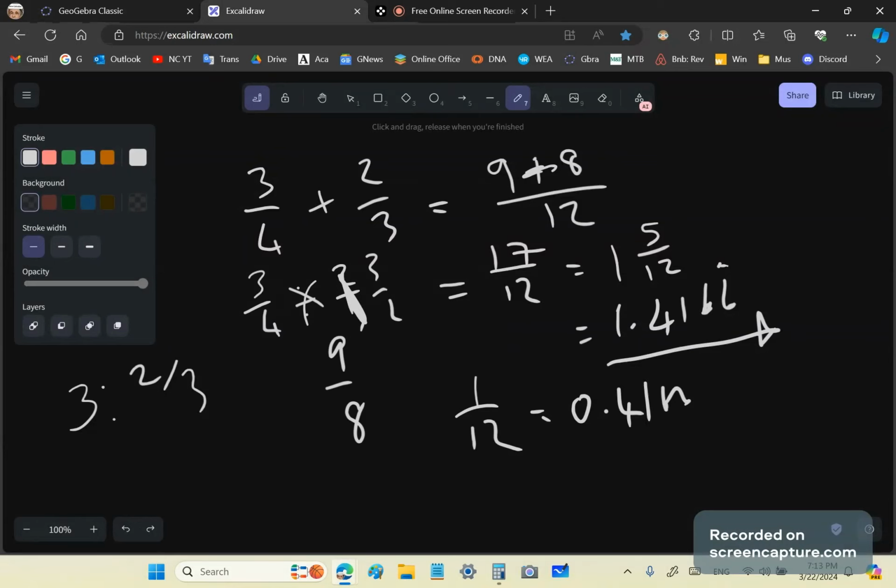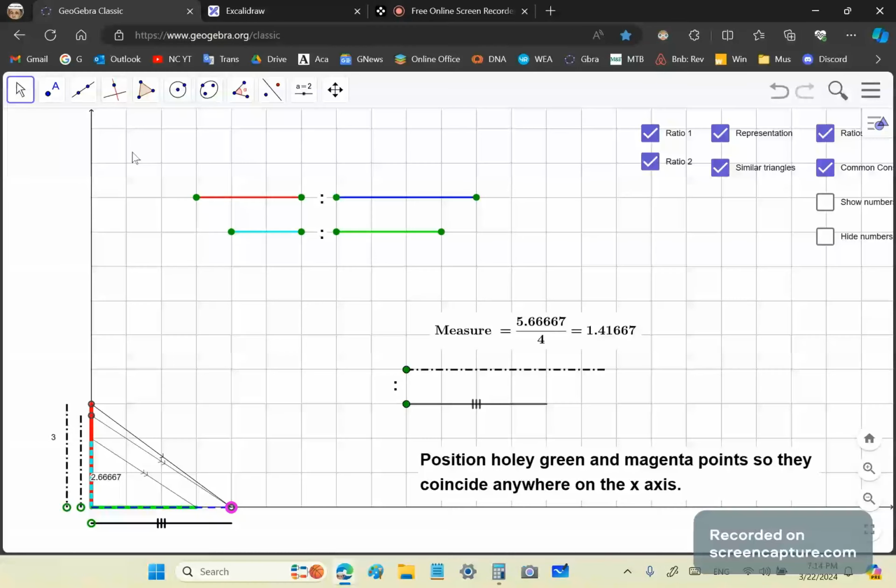So that's the measure of the quotient. And that would be the result of taking this ratio and dividing it by that ratio and finding the measure.